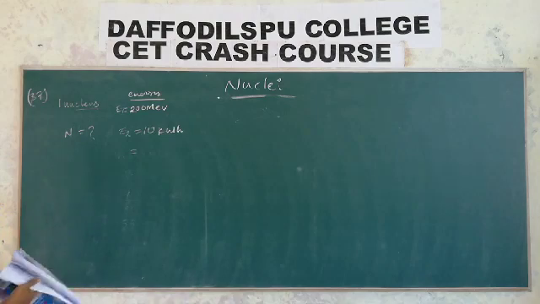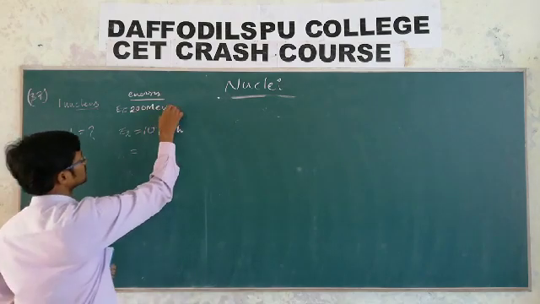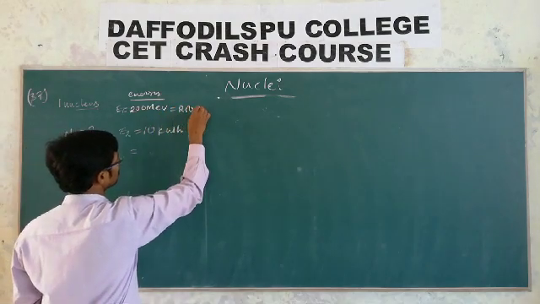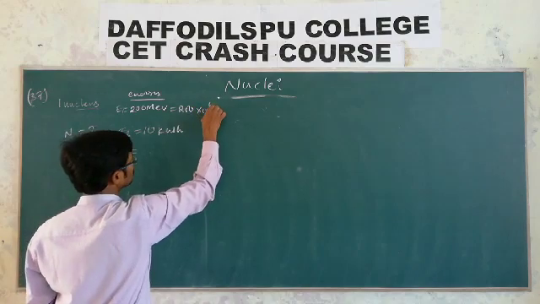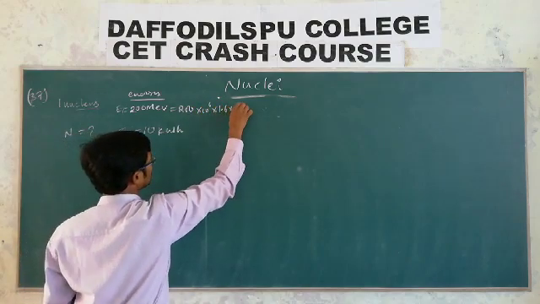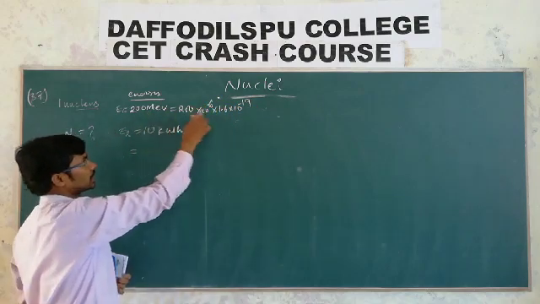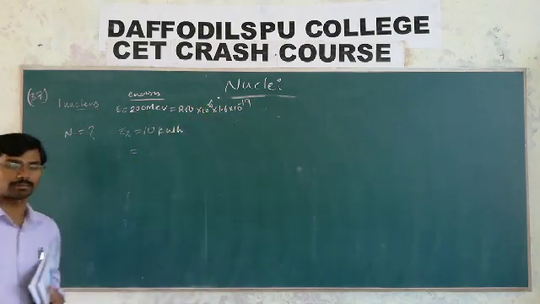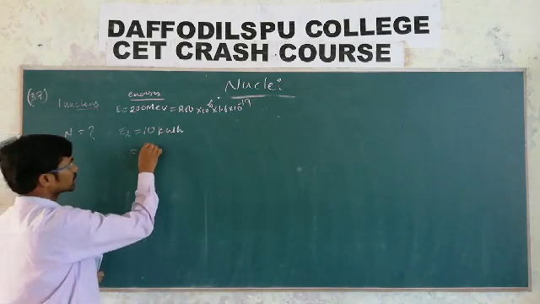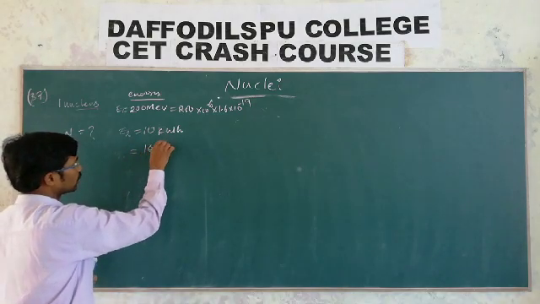Let us try to convert this energy into joule. 10 power 6 into 1.6 into 10 power minus 19. So million is 10 power 6, and 1 electron volt is 1.6 into 10 power minus 19. Whereas this is 10 into kilo.